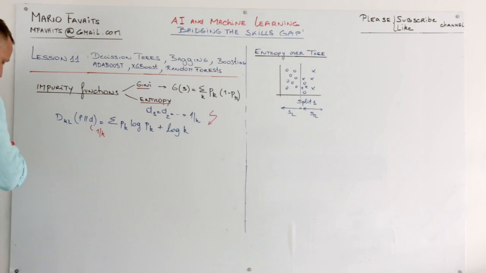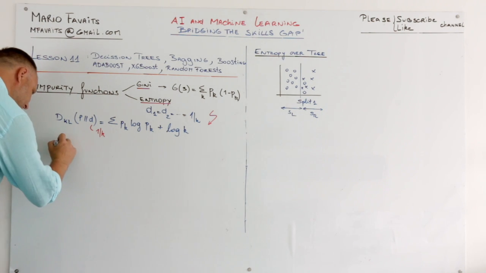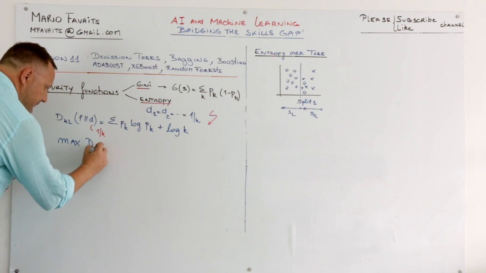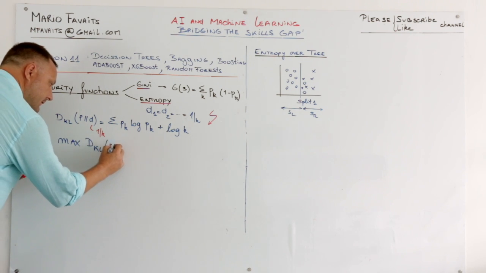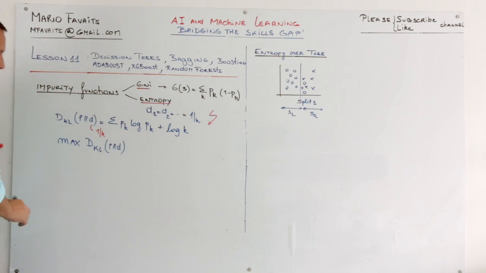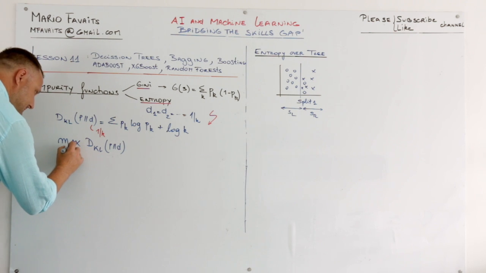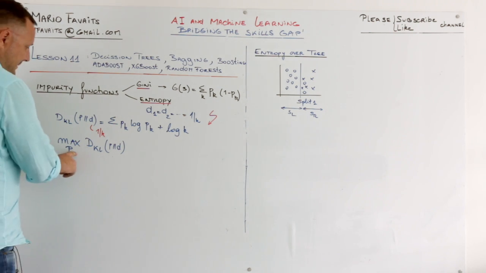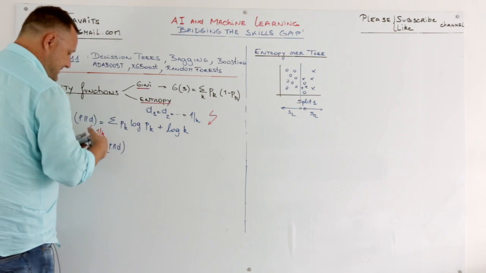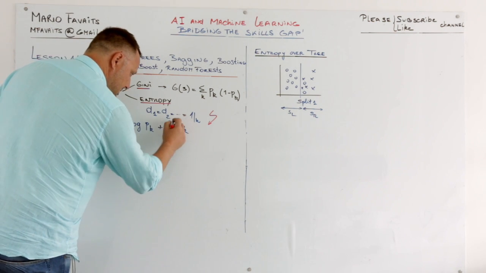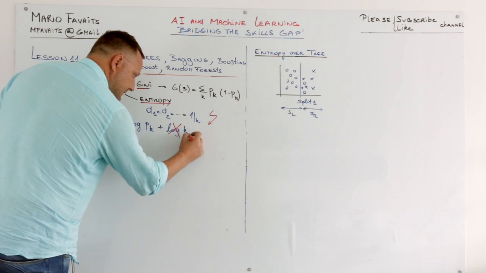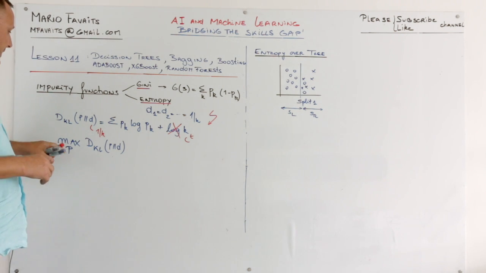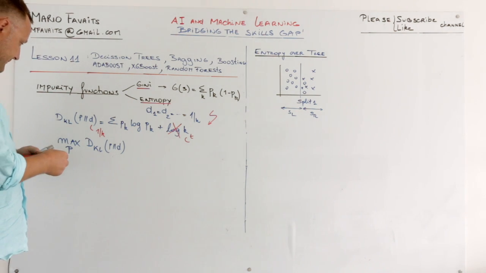So we want to maximize the KL divergence P parallel D, and we want to maximize that over P. If we maximize, we can drop this one here, because that's a constant and will have no influence on our maximization problem.